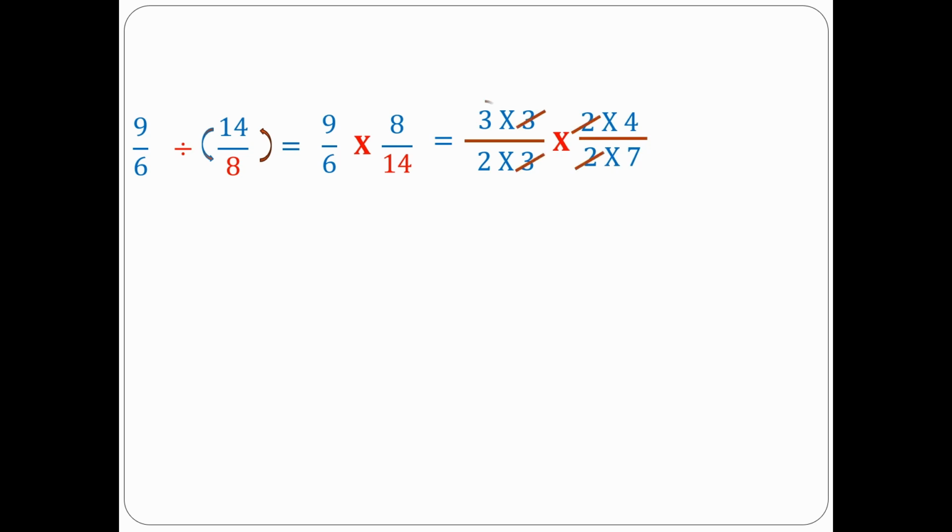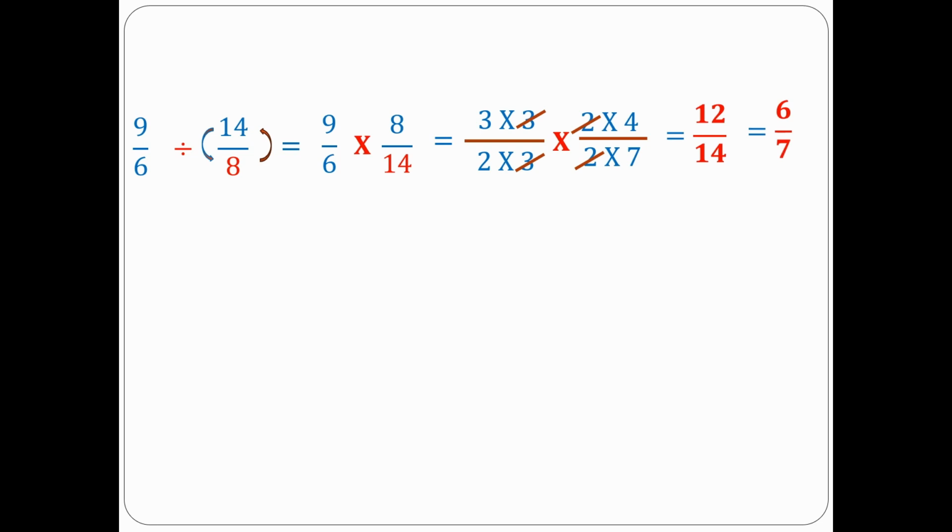And now we can multiply 3 times 4 and 2 times 7, which gives us 12 over 14. And this can be further reduced by dividing both numerator and denominator by 2. And so our final answer is 6 over 7.